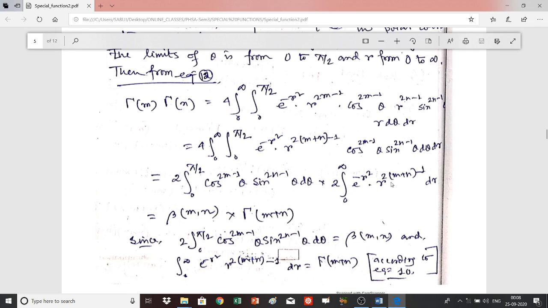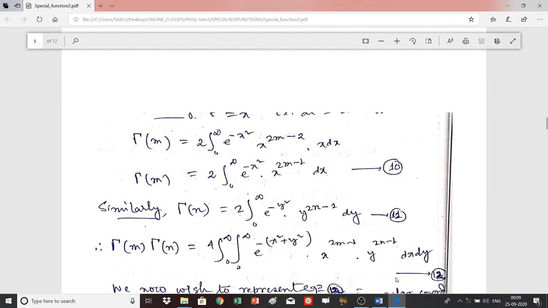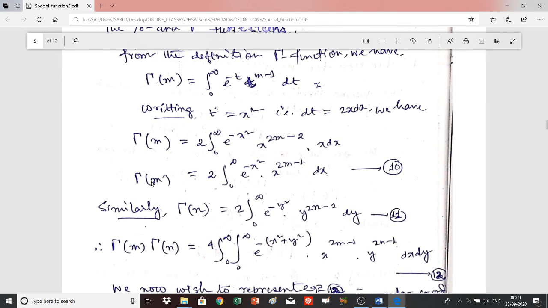So you can find that this is actually gamma of m plus n. Why is it gamma of m plus n? You have already calculated it; that is given in equation number 10. So go to equation number 10. Here gamma m is equal to 2 times the integral from 0 to infinity of e to the minus x squared, x to the power 2m minus 1 dx.